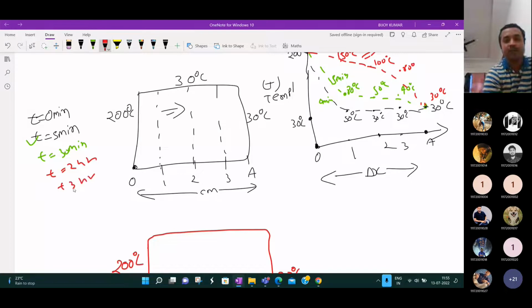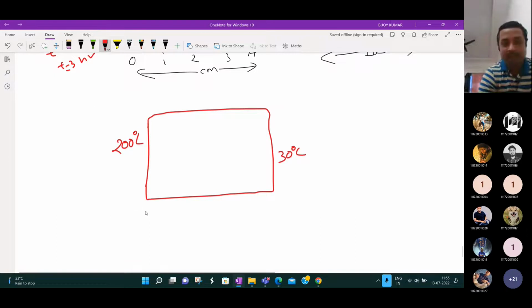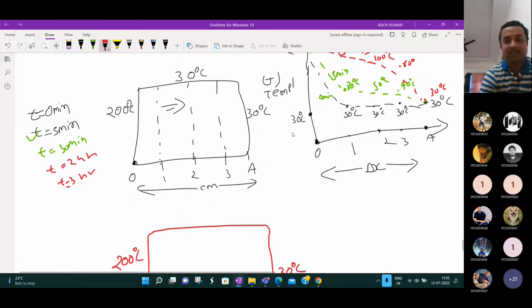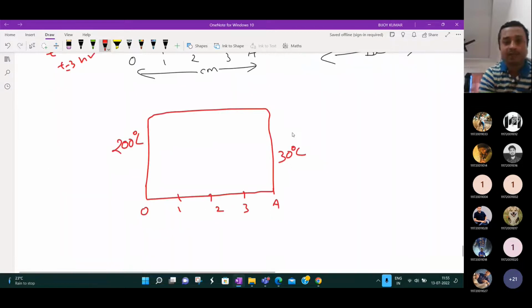If you observe the temperature like that, what do you observe after some time? One time will reach at which you will observe the temperature is fixed: 150 degrees centigrade, 100 degrees centigrade, 80 degrees centigrade, 30 degrees centigrade.